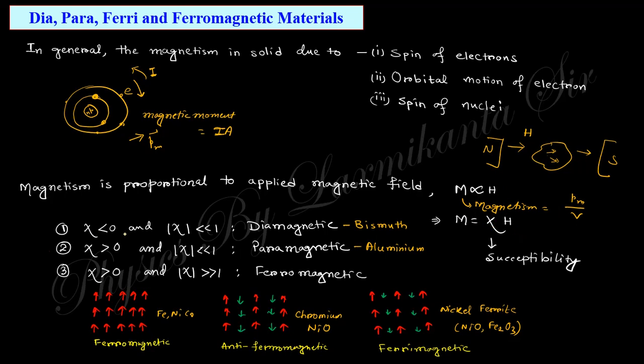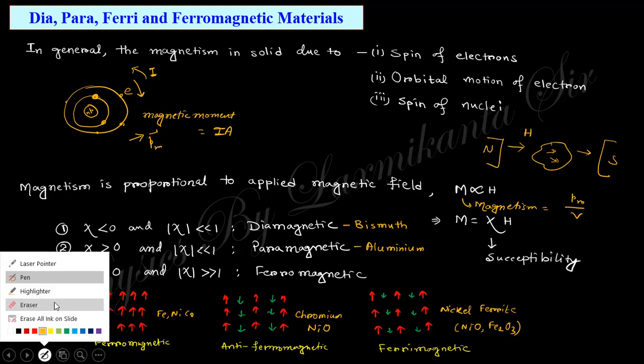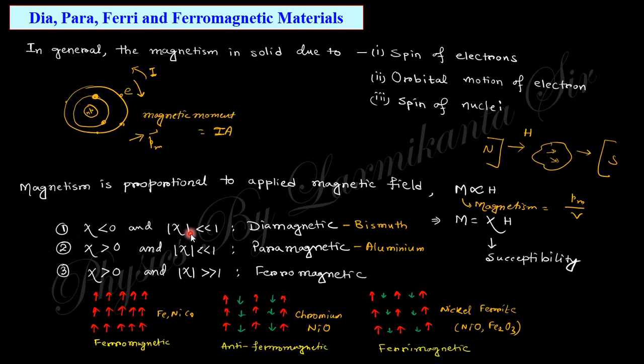This susceptibility can be negative, which means the magnetism is opposite to the applied field, and the value is much less than 1. When the susceptibility chi is less than 0 and the modulus of chi is very much less than 1, the material is known as a diamagnetic material.